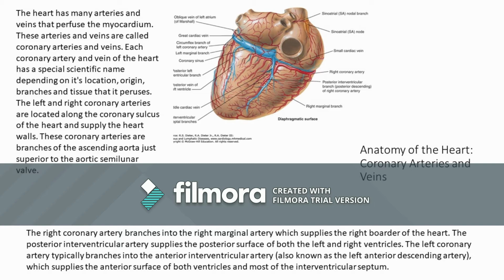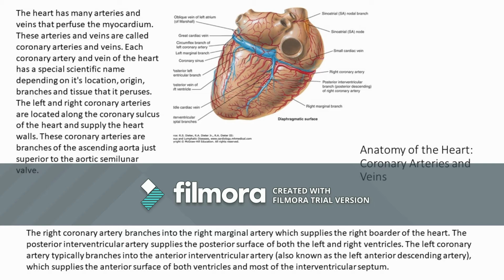The right coronary artery branches into the right marginal artery, which supplies the right border of the heart. The posterior interventricular artery supplies the posterior surface of both the left and right ventricles.